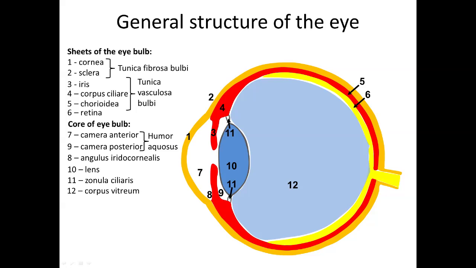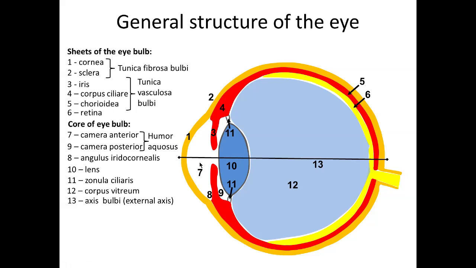And now some very interesting things concerning the dimension of the eye bulb. This number 13 line calls axis bulbi, exactly axis external. It means this dimension is connecting of 2 points.